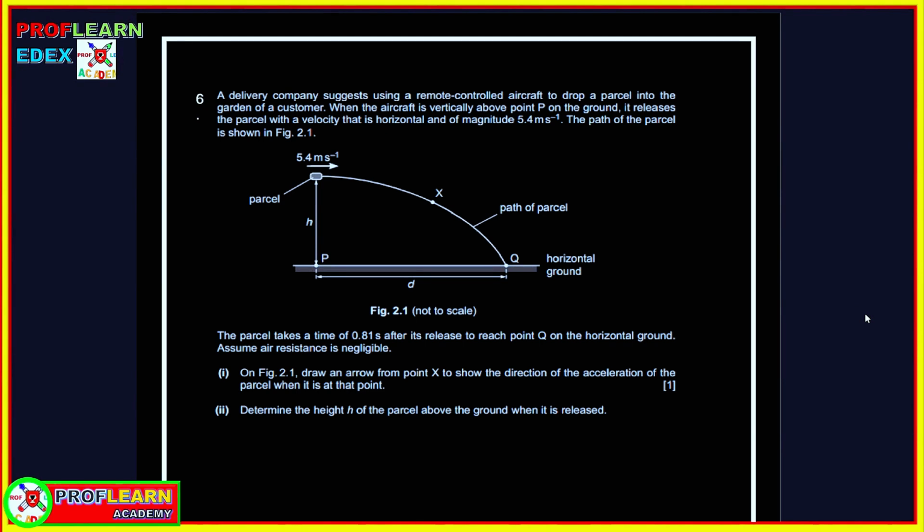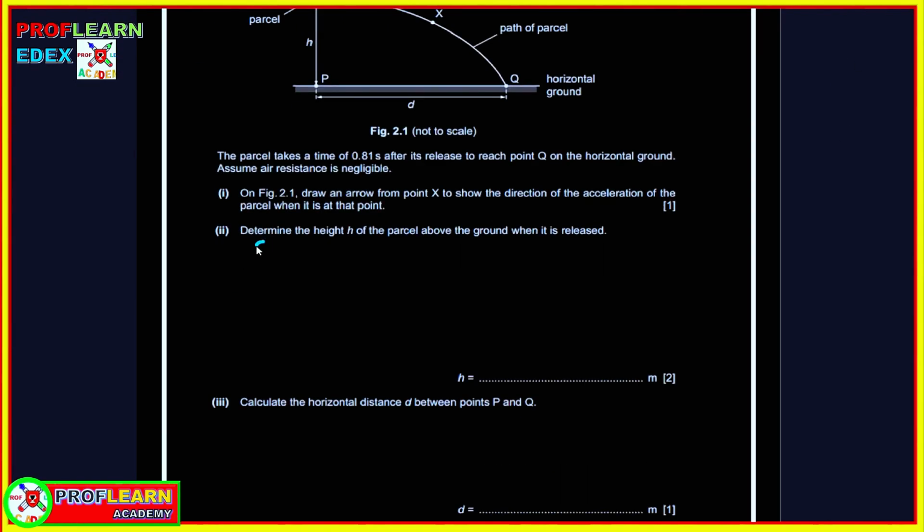So we are going to determine the height of the parcel, but we are told that the time it took the parcel to land on the ground was 0.81 seconds. So for the height, we shall use the equations of motion, s equals ut plus a half at squared.